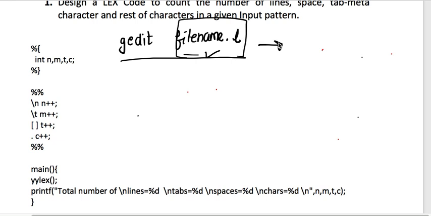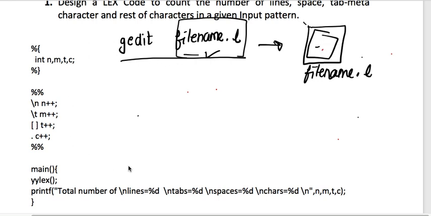What will happen? It will just open a file named filename.l. You can write anything here. One file will be opening, and in this file you will be writing this whole code.